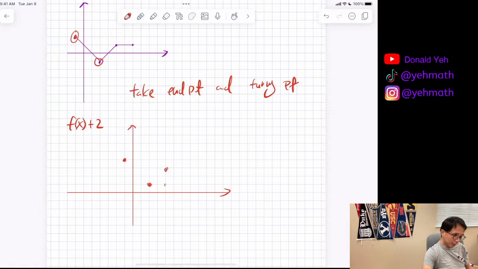So it's going to be right here and right here. So it's going to look something like this. And there you go. That's your first transformation. Take the turning point and endpoint and just go with the transformations. Is that okay?